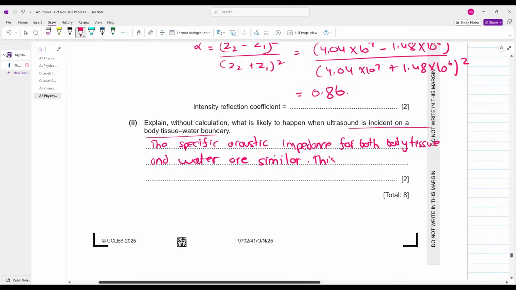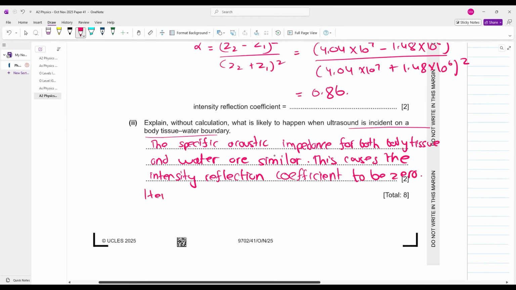This causes the intensity reflection coefficient to be 0. Hence, all the ultrasounds are transmitted. Hence, all of the ultrasound gets transmitted.